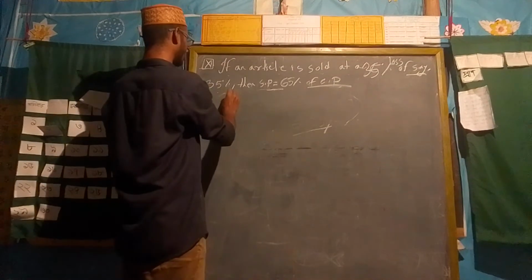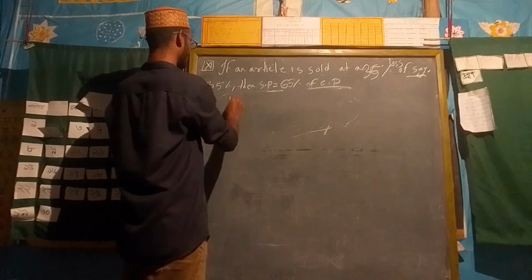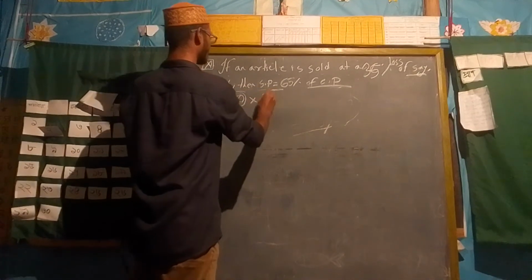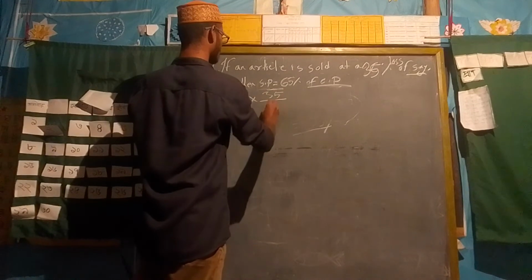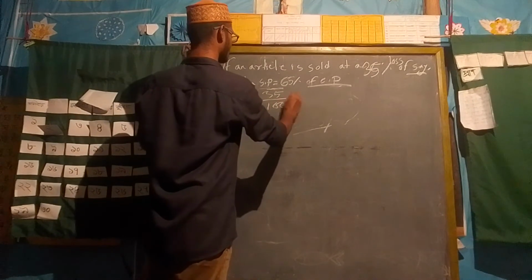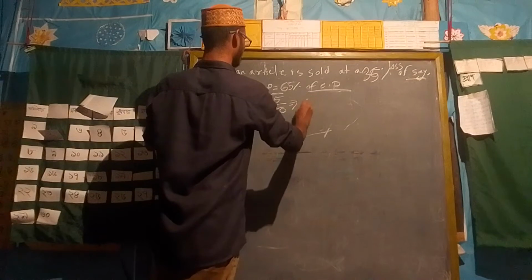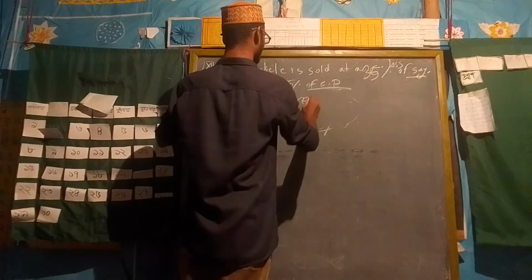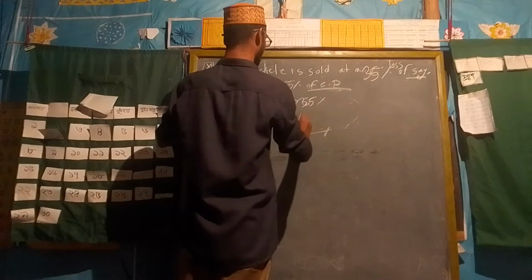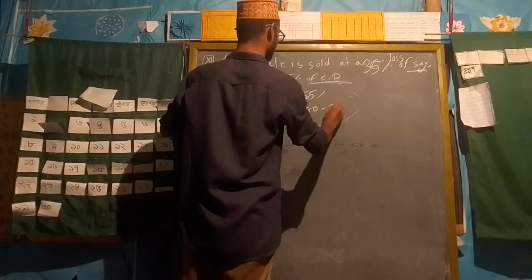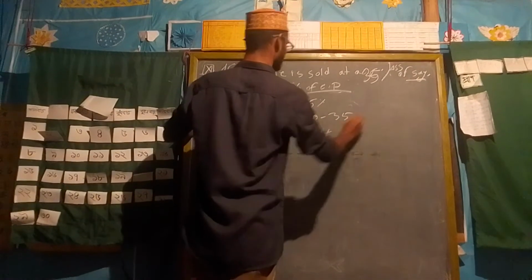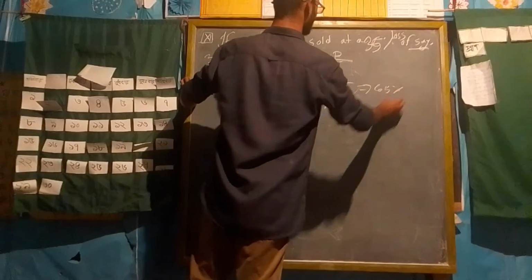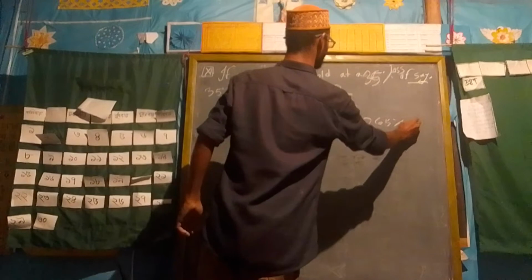That means if our cost price is 100 and there is a 35% loss, then 100 minus 35 equals 65. The selling price will be 65% of the cost price. Here is our answer.